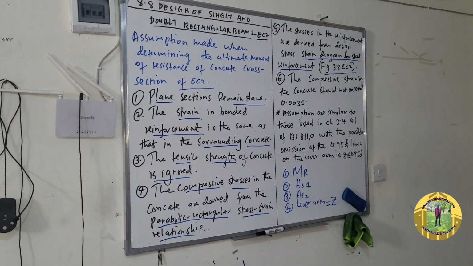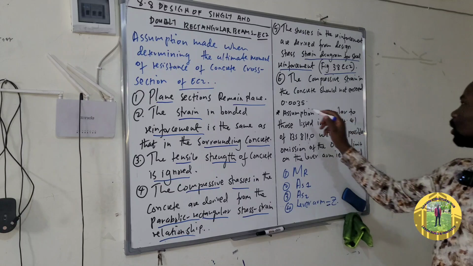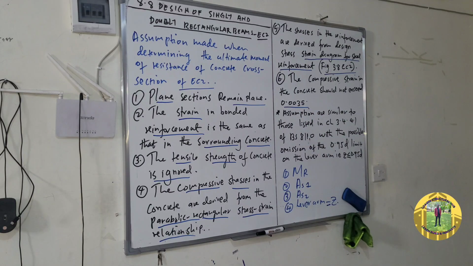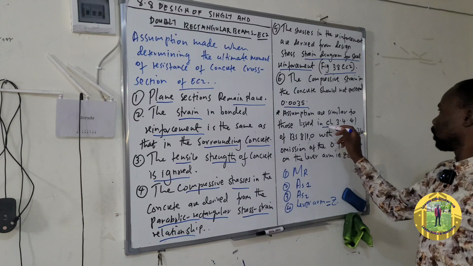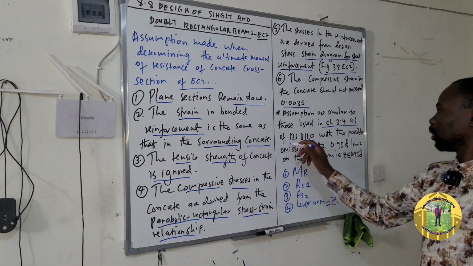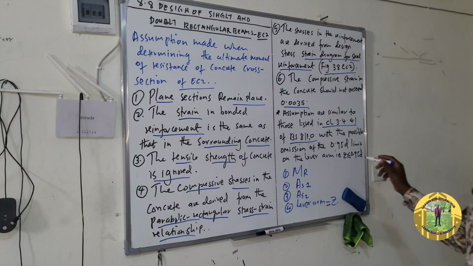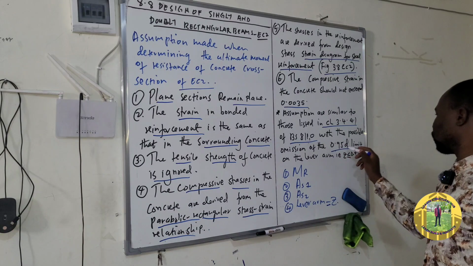Then #6, the compressive strain in the concrete should not exceed 0.0035. The assumptions are similar to those listed in clause 3.4.1 of BS 8110, with the possible omission of 0.95d.